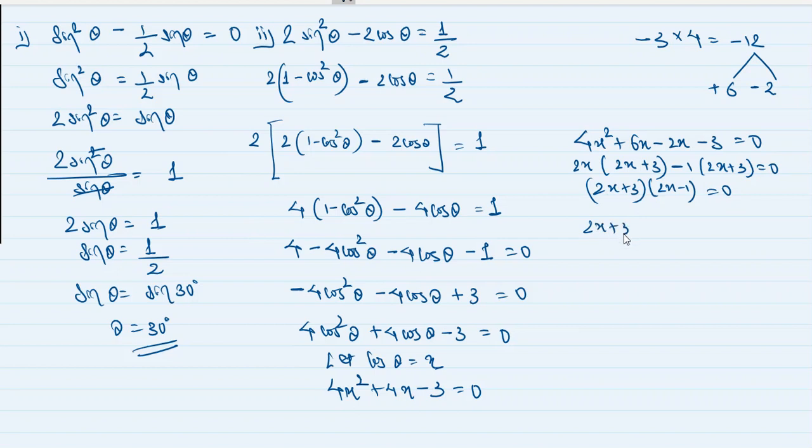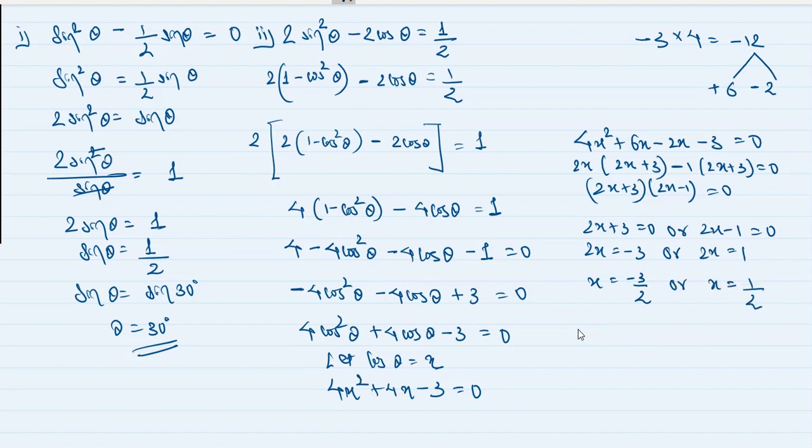So 2x plus 3 is equal to 0, or 2x minus 1 is equal to 0. So 2x is equal to minus 3, or 2x is equal to 1. So x is equal to minus 3 by 2, or x is equal to 1 by 2.